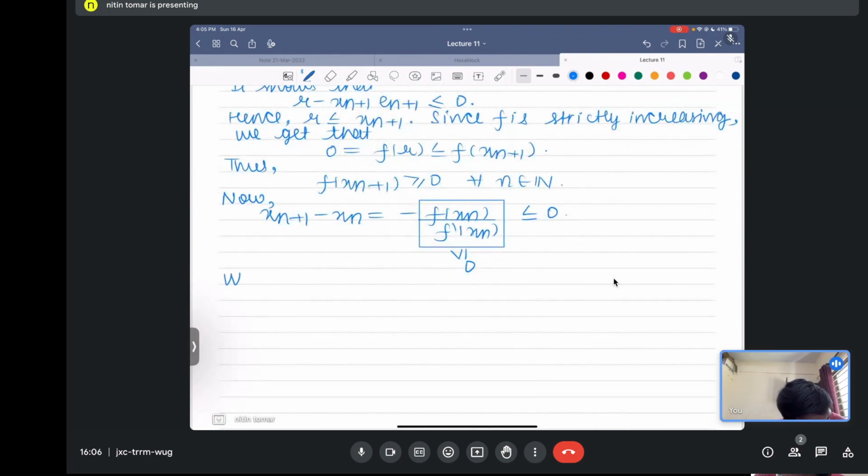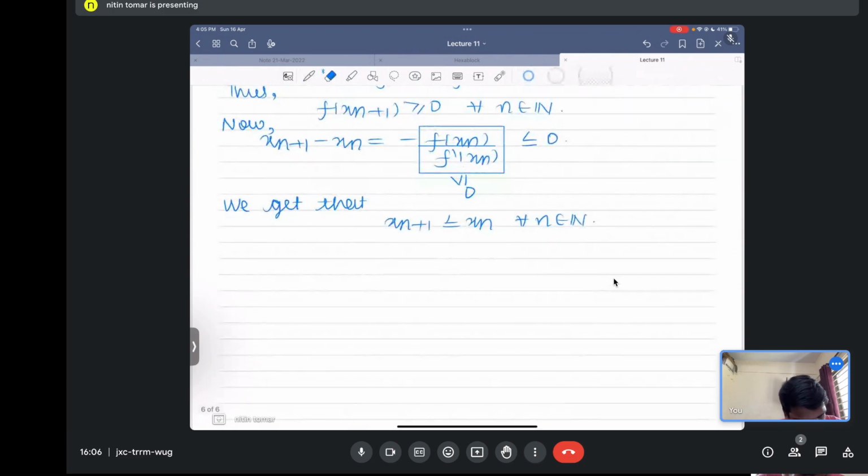So we get that x_{n+1} is less than x_n for all n, which means x_n is a decreasing sequence. So hence this sequence x_n is a non-increasing sequence.